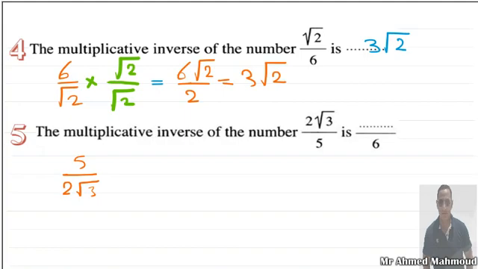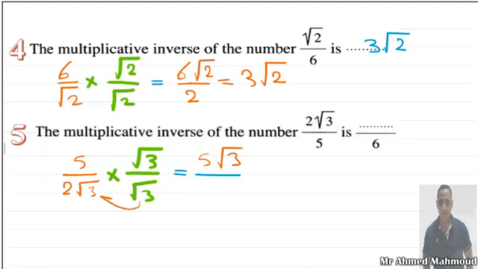Then I'm going to multiply up and down by root 3. Okay, it will be like this. 5 times root 3 equals 5 root 3. And here I'm going to multiply root 3 by root 3. It will be 3. Then it will be 2 times 3.